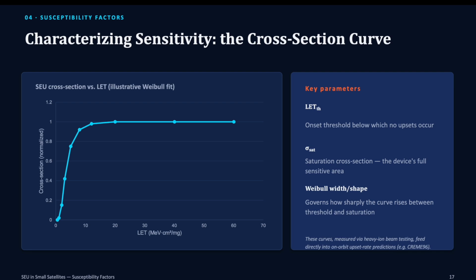So this graph is called the Weibull fit, and it's the shape that we use to detect how sharp the rise is between the threshold and the saturation of the upsets.